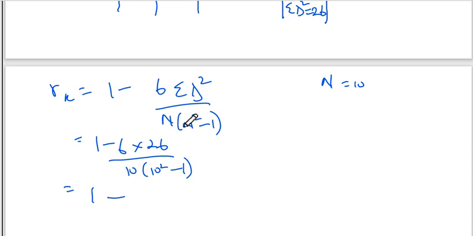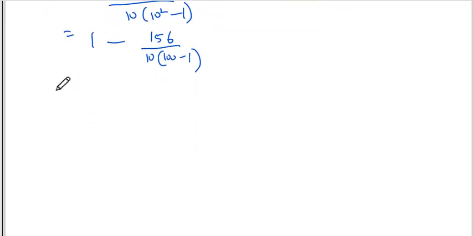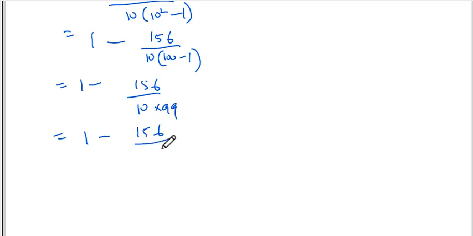6 multiplied by 26 is 156, divided by 10 bracket 10 square is 100, 100 minus 1. That is 1 minus 156 divided by 10 times 99. 10 times 99 is 990.